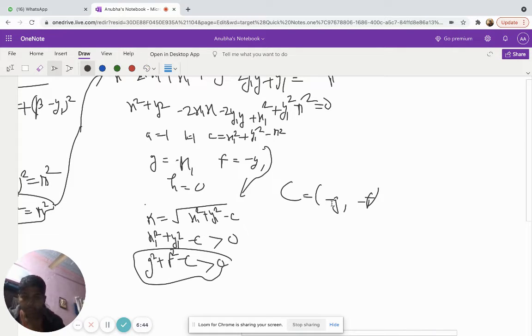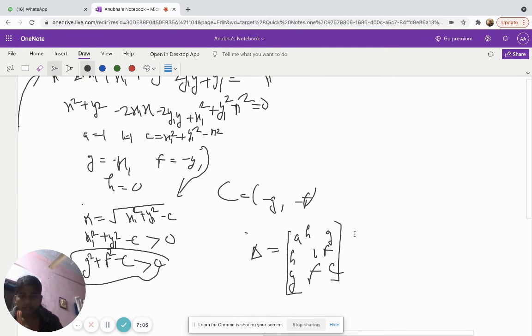Okay, and now I told you what delta is. Delta is a matrix which has rows A, H, G, then H, B, F, then G, F, C. So now let's fill in our delta here.